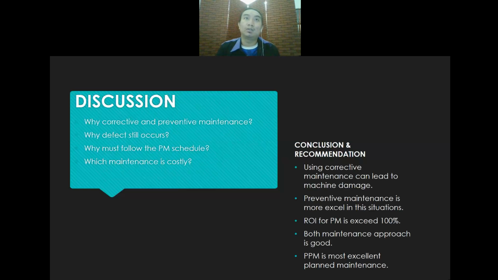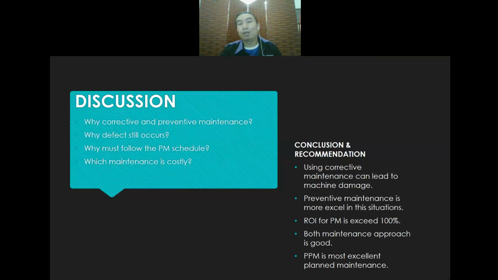It shows how preventive is more effective than just correcting. So why must we follow the schedule? Because you have to prevent breakdown. Lastly, is maintenance costly? Obviously from the cycle cost, it shows that corrective is costlier than preventive maintenance.